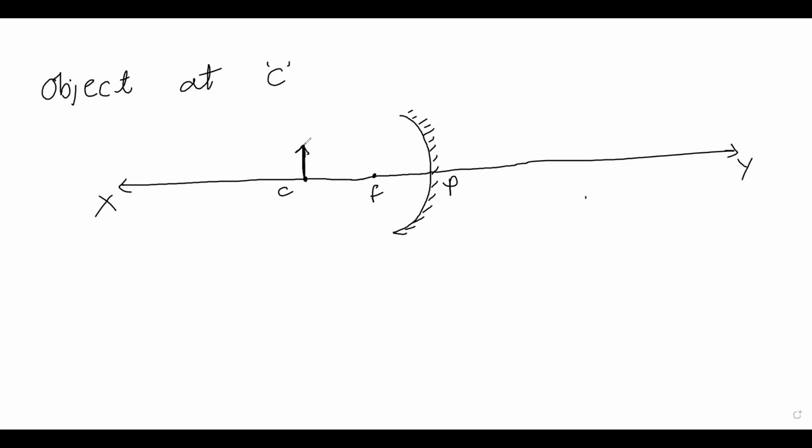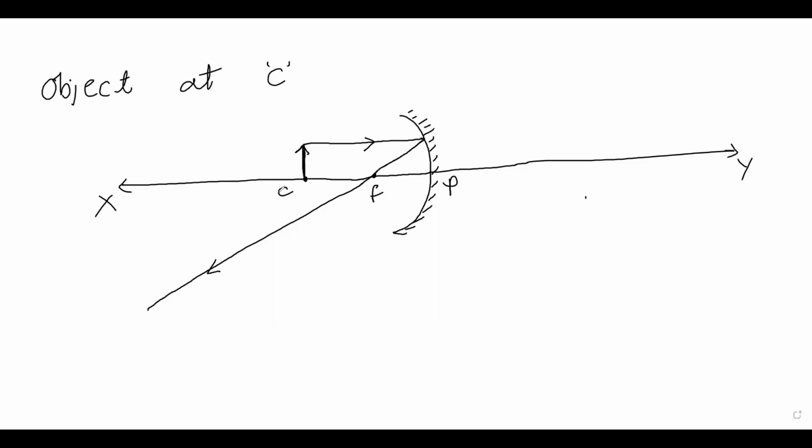First rule says that any ray parallel to the principal axis passes through the focus after reflection. Almost in every position, every case, we are using the first rule. A ray parallel to the principal axis will pass through the focus after reflection.